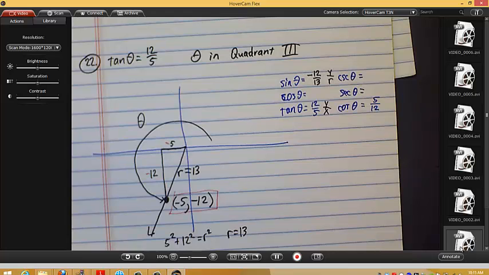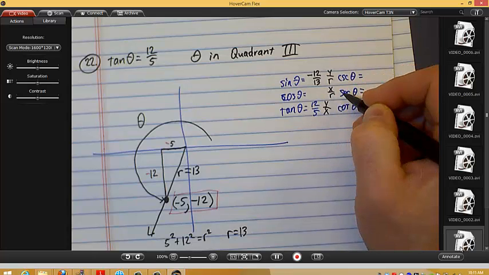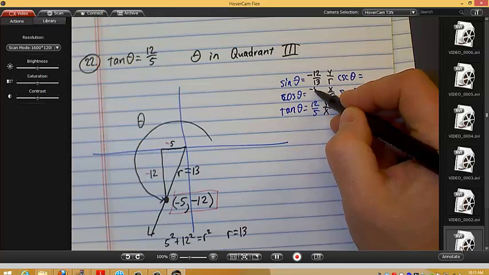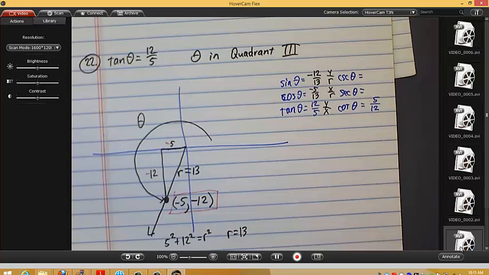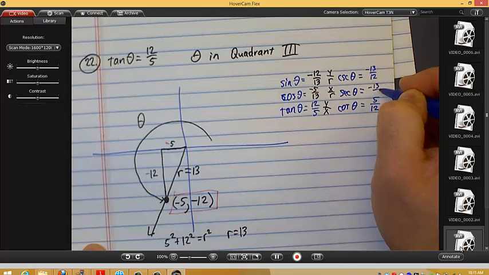How about cosine? What's the definition? X over r. And so the answer is going to be -5/13. Okay? And then once you have those, these other ones are just reciprocals. So -13/12 and -13/5. Okay.